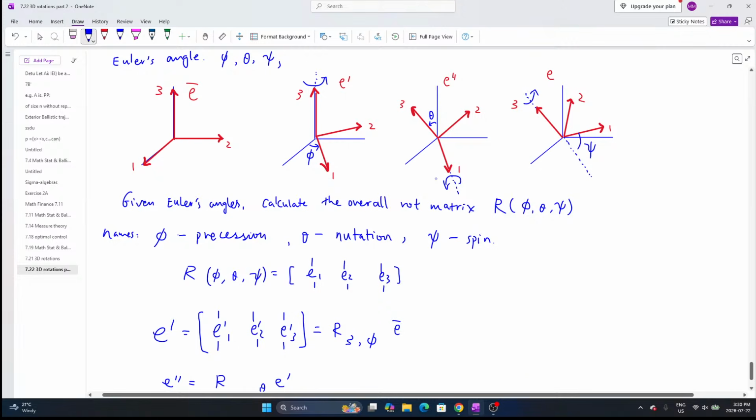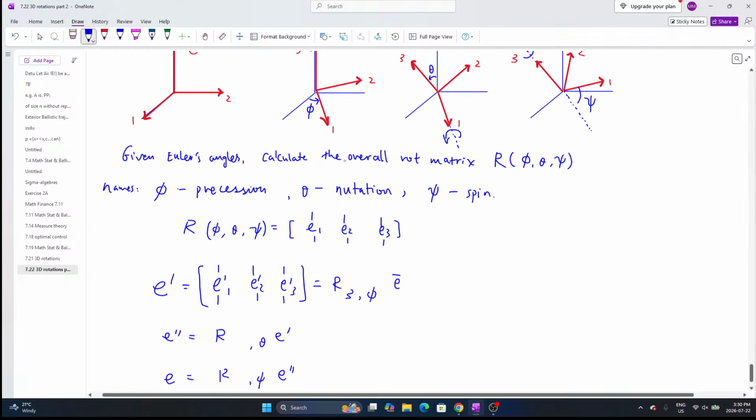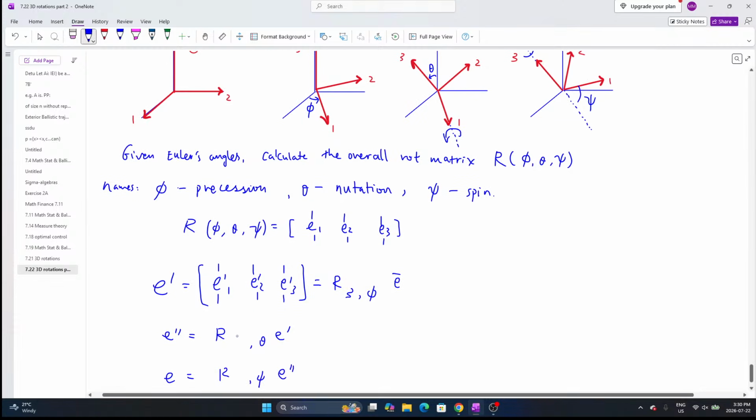Hold on a second. This is 3. Why do you never rotate about 2? That's odd. So first you rotate about axis 3, and then you rotate about axis 1, and finally you rotate about axis 3 again. Appears that way, okay? It looks a little bit weird, but this is how Euler's angles are defined.